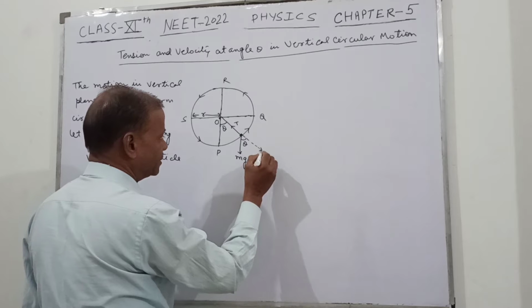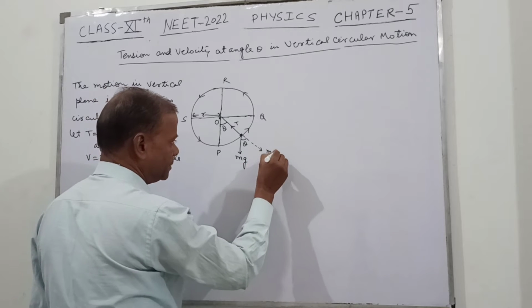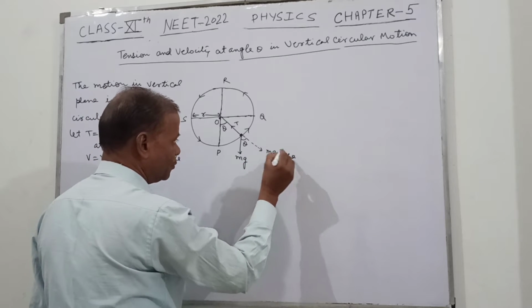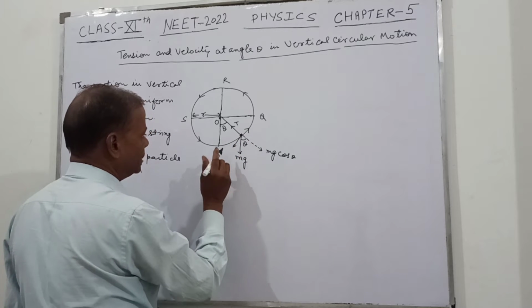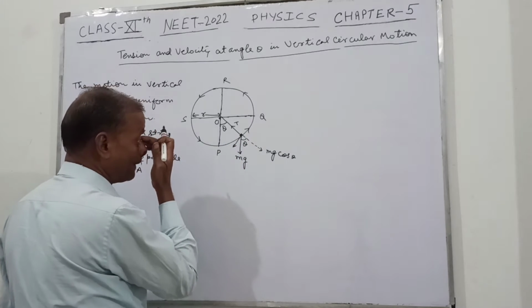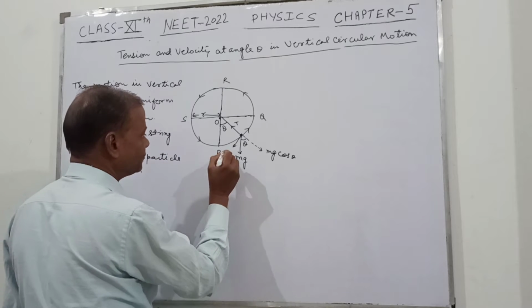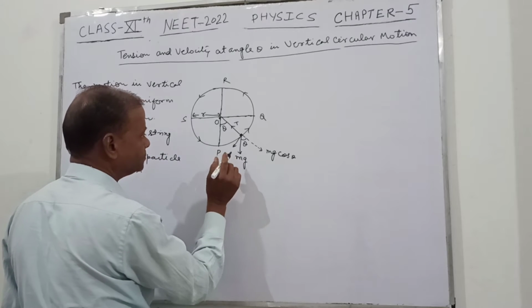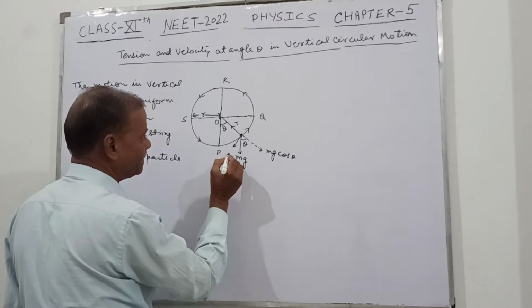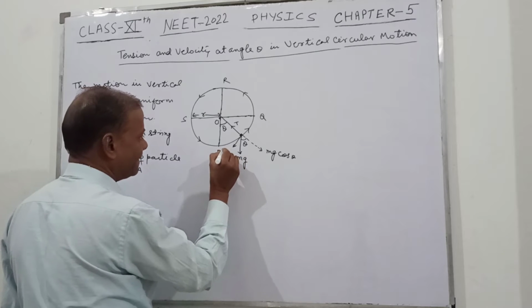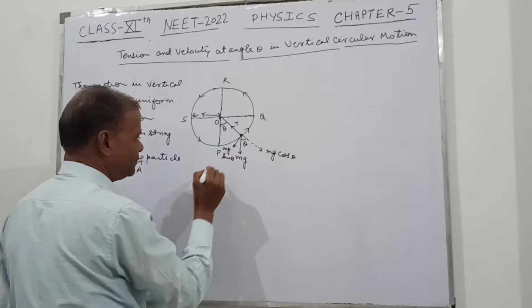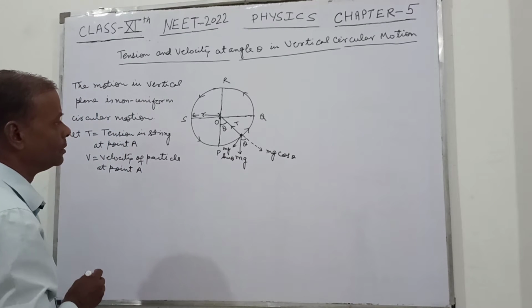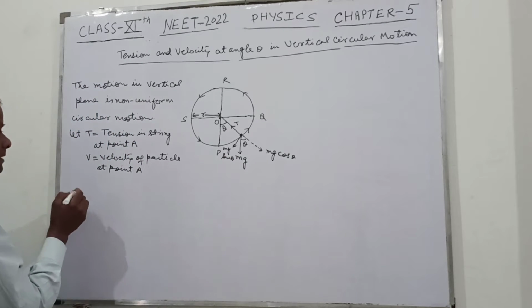So we can have the components: mg cos theta along the string, and one component along this one, that is mg sin theta.